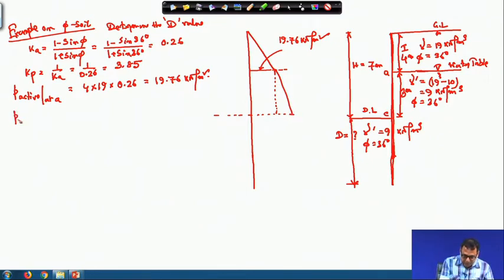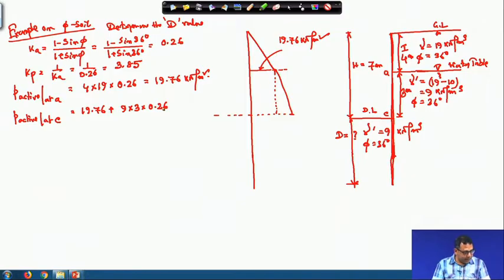The P active at point C will be the total of 19.76 plus the additional stress due to this 3 meter portion. The unit weight is 9, the height is 3, into Ka, that is 0.26.